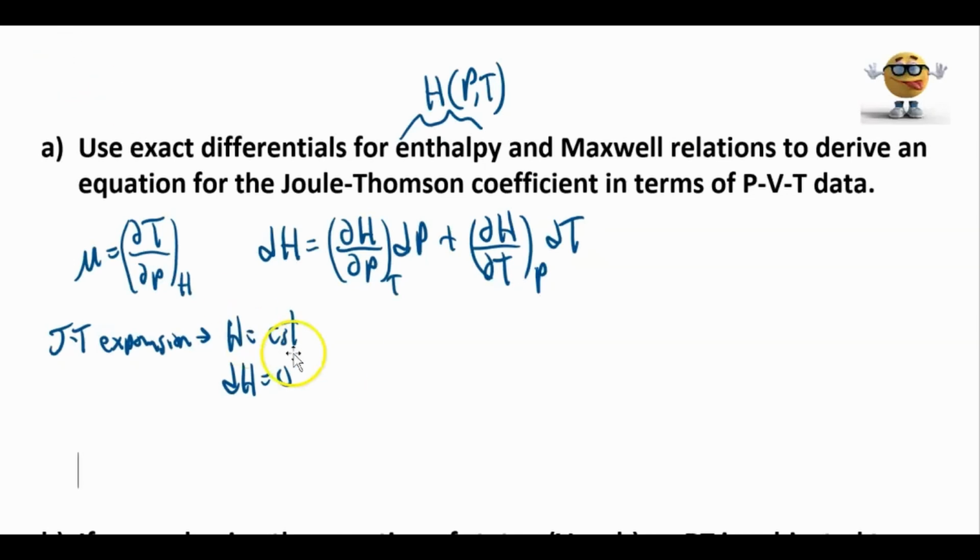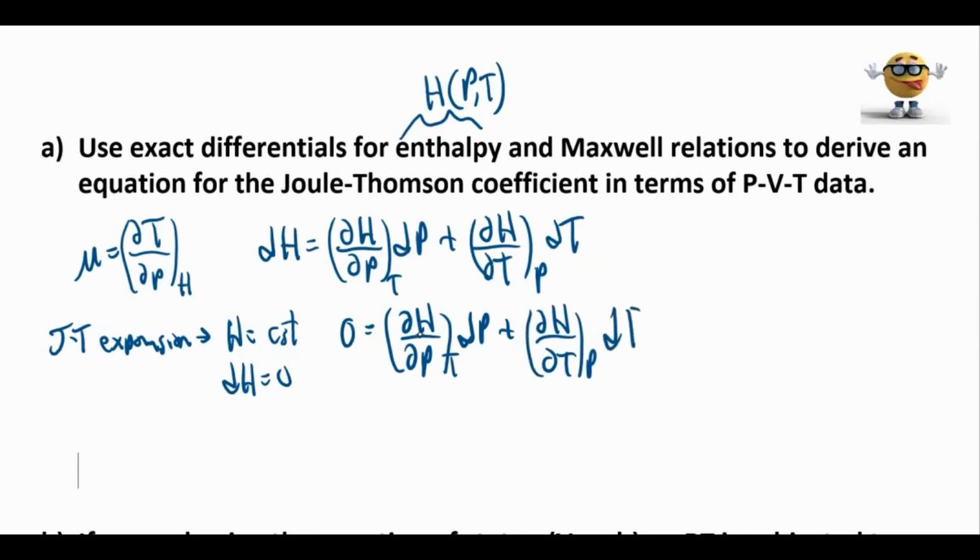So we set this equal to 0: 0 equals partial H over partial P at constant T, dP, plus the change in enthalpy with respect to temperature, holding pressure constant, which is defined as Cp.